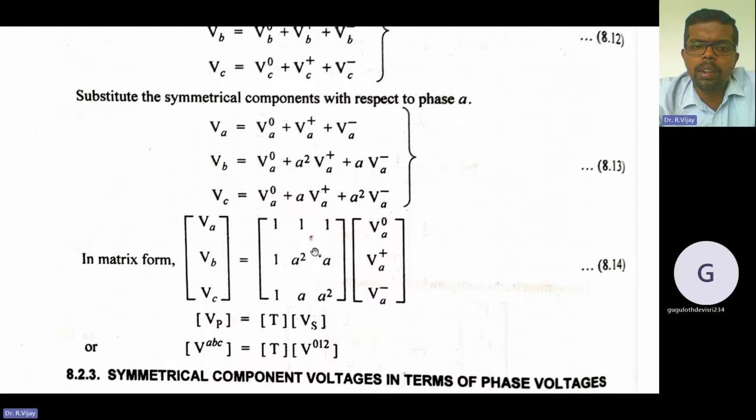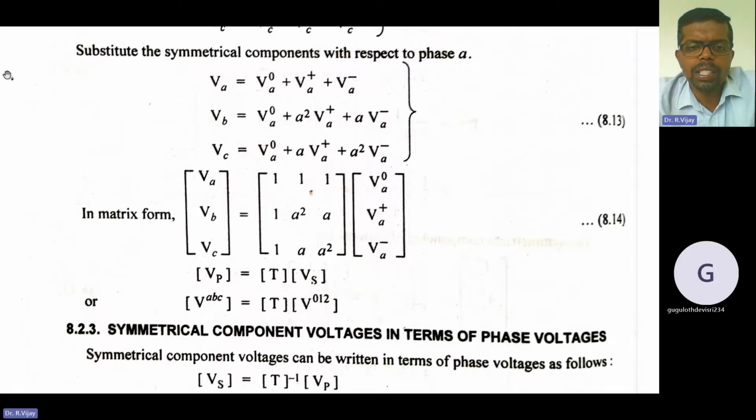Same as before, only the notation has changed for voltage. Same for current also, same equation. Here the phase matrix VP is equal to T into VS. Here, what is T? T is nothing but the symmetrical component matrix.